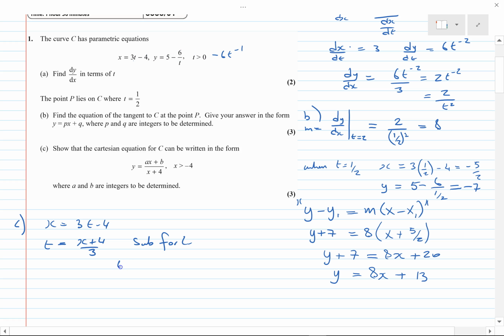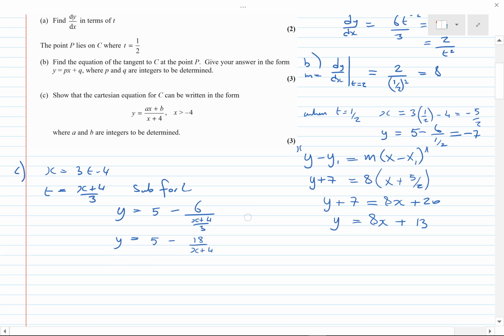So we have y equals 5 minus 6 over x plus 4 over 3. We've got this horrible stacked fraction, which we're not going to like. So that gives us y equals 5 minus, flip over the fraction, 18 over x plus 4. We need to get that in the form that they require, it's no good like that.